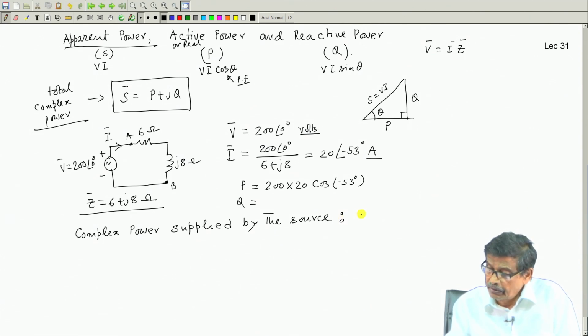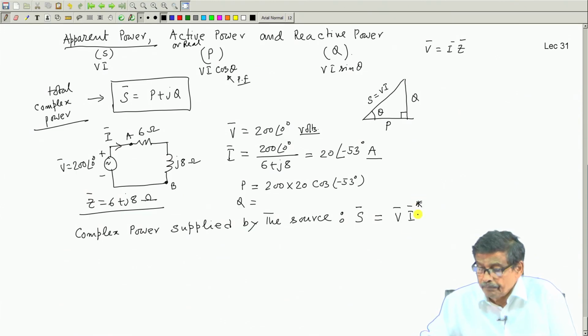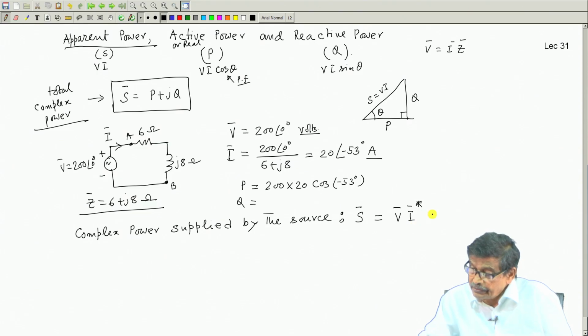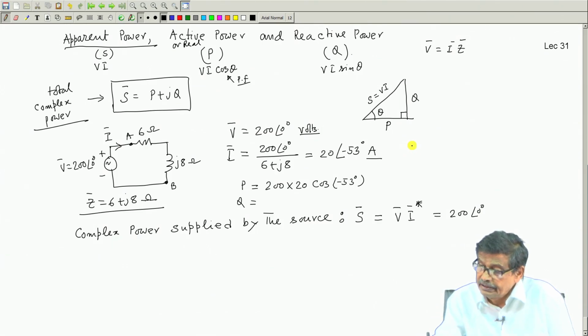It will be equal to, suppose, S bar, and this will be equal to V bar into I bar star. This star means the complex conjugate. So, you calculate it in this way: 200 angle 0 degree is the voltage, and I bar star will be, only the angle will change to plus, 20 into 53 degree.